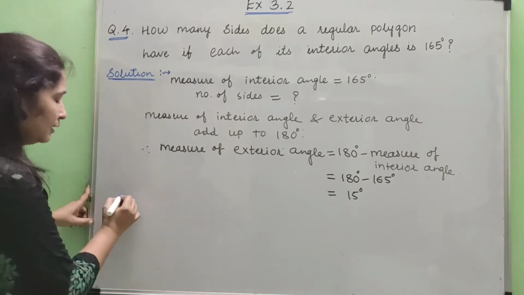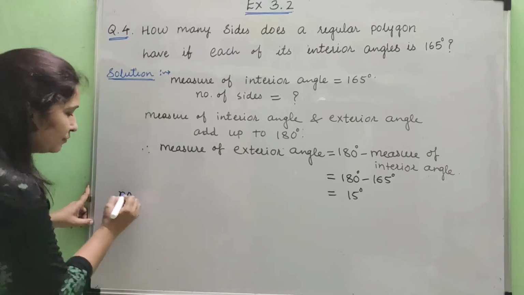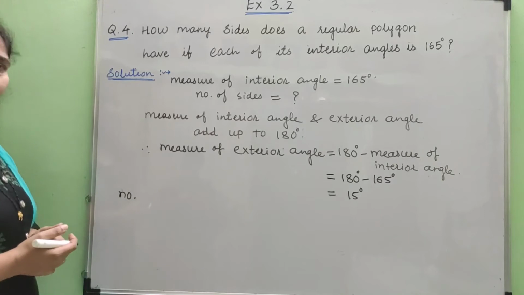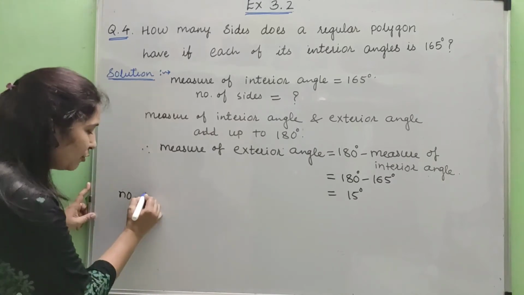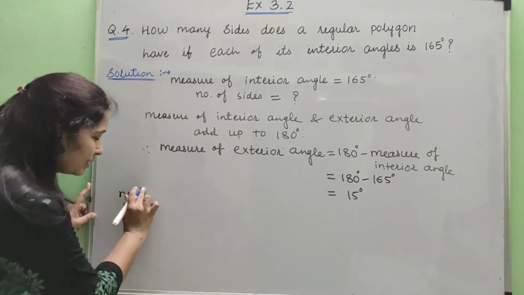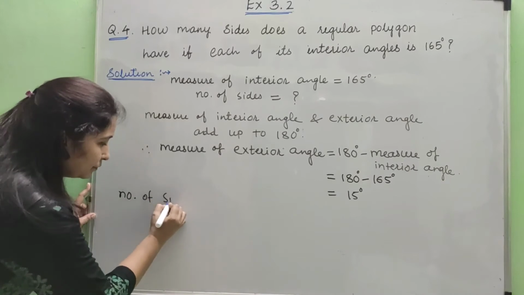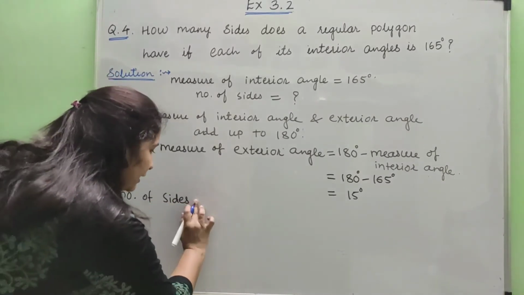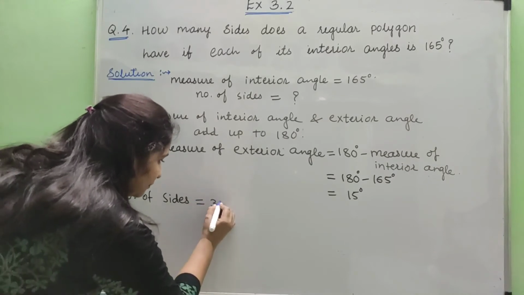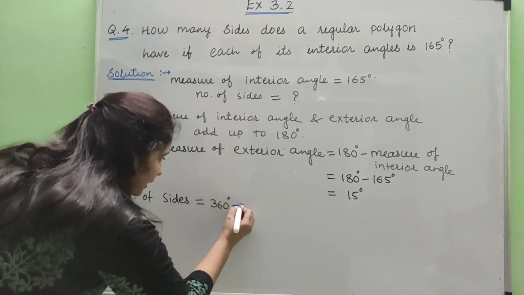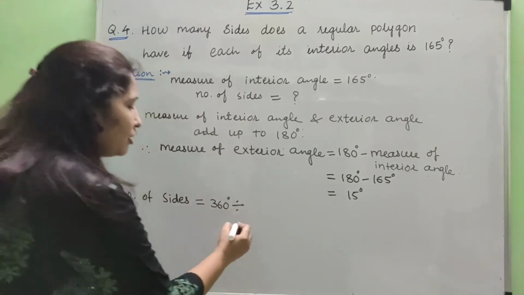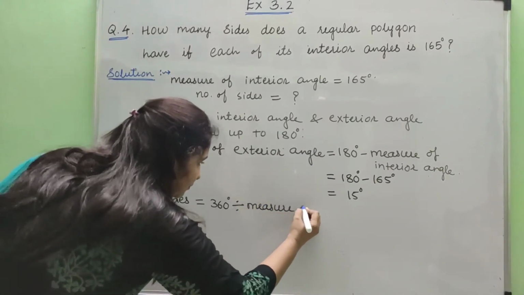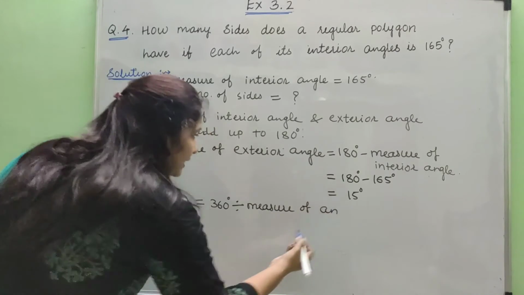Now to find the number of sides, once you get the exterior angle, we can find the number of sides by using this formula. Number of sides is equal to 360 degrees divided by the measure of an exterior angle.